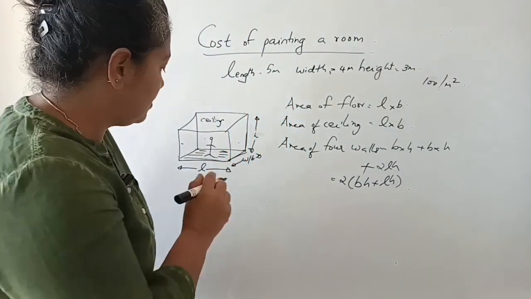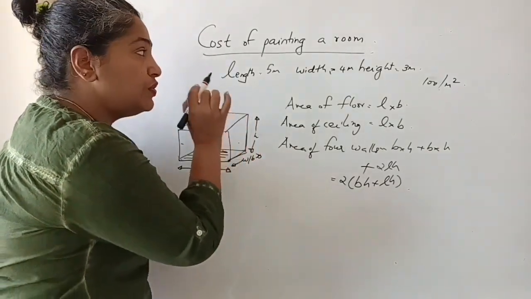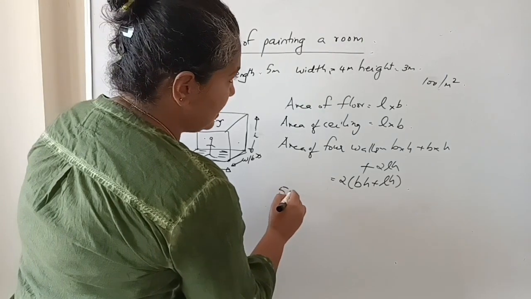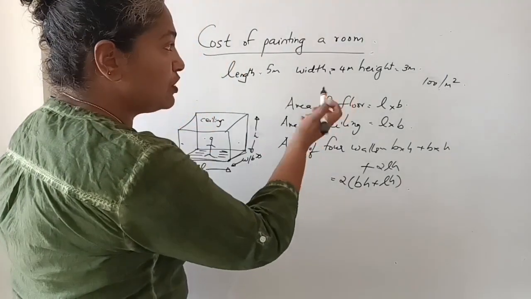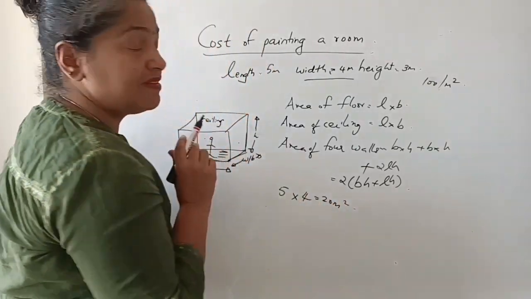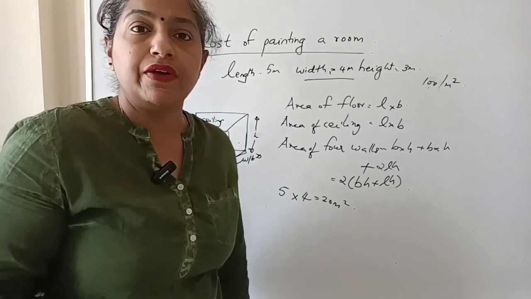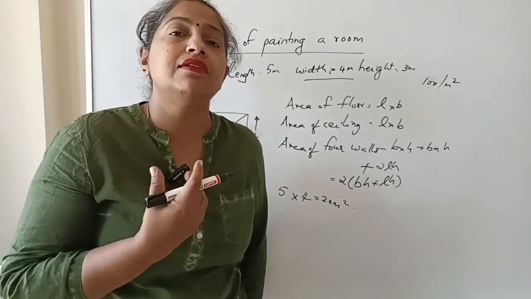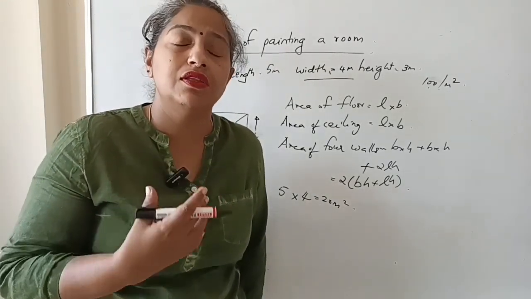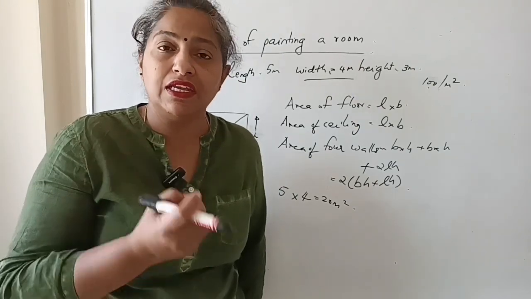Now, the ceiling is the same as that of the base, which is L into B. So you need to find the product of L and B, which is 20 meters square. That is the area of our ceiling into the cost. So always understand the values that are given to you, the room that you are in or the room that they give in the question, and then apply it.